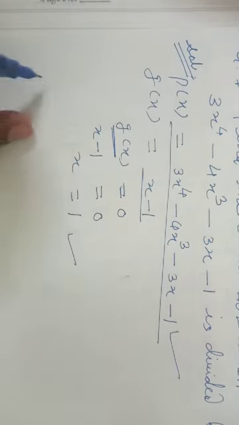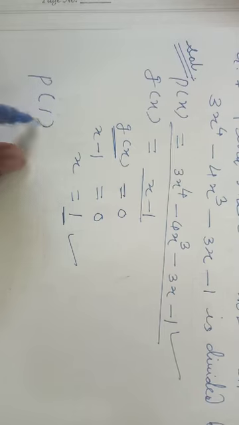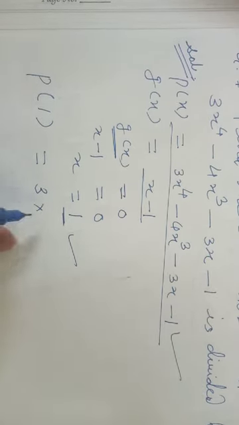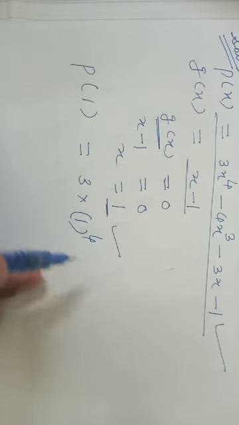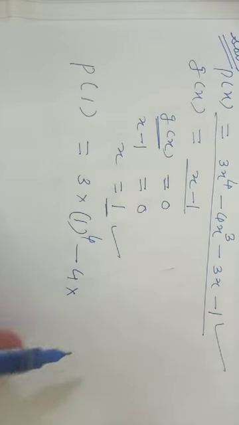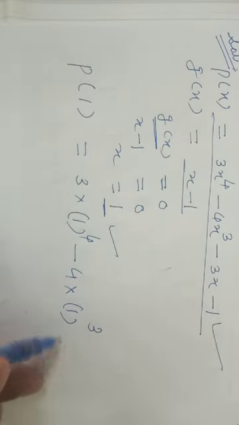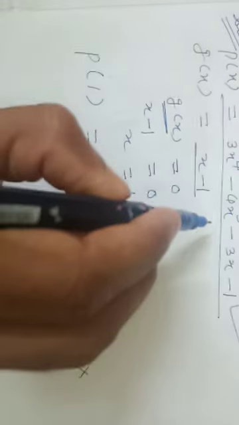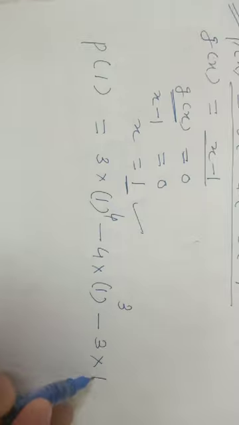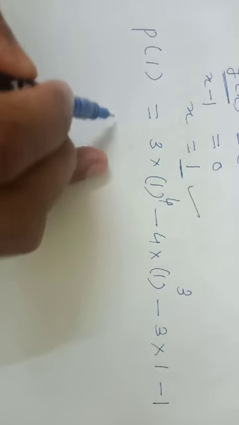Okay, so p of 1, in place of x we substitute 1, is equal to 3 into 1 raised to the power 4 minus 4 into 1 cube minus 3 into 1 minus 1. Clear? Now start your calculation.